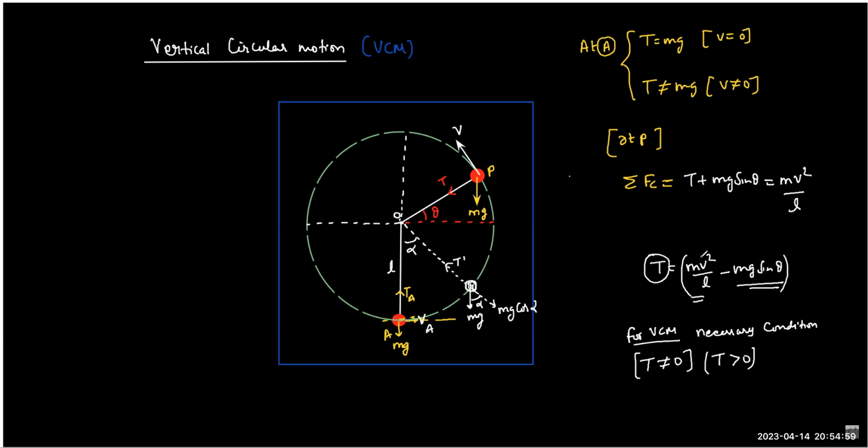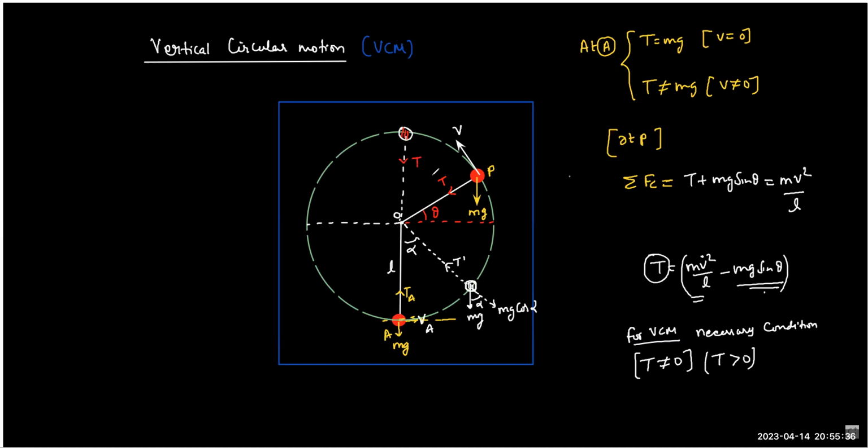At the topmost point, the v is minimum, and this is maximum, so the difference is going to be minimum, right? Which means if I make sure that nothing is going to be zero here, my job is done, right?